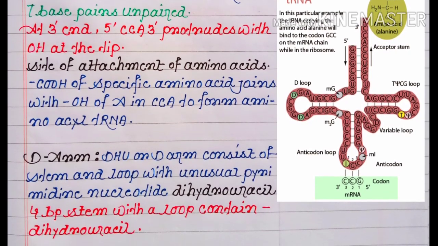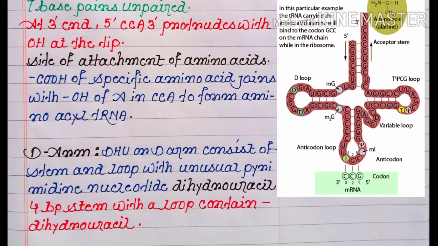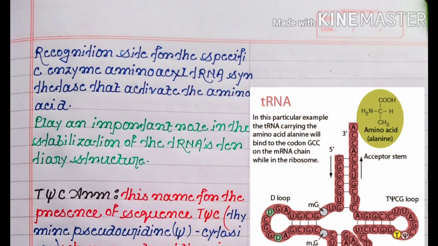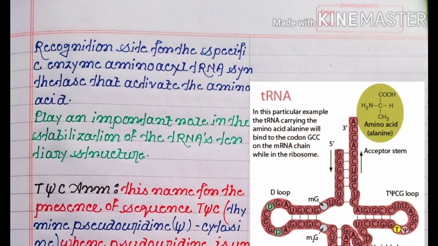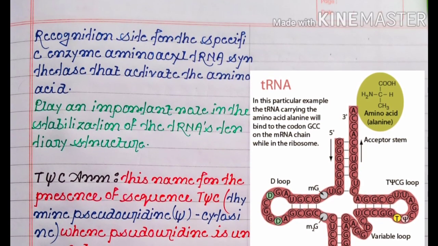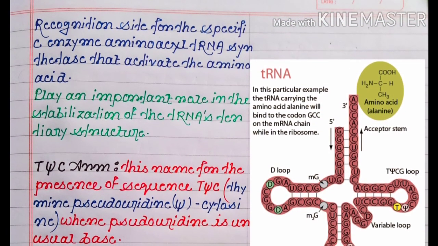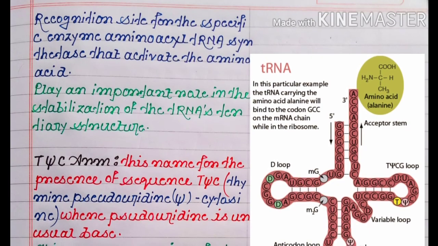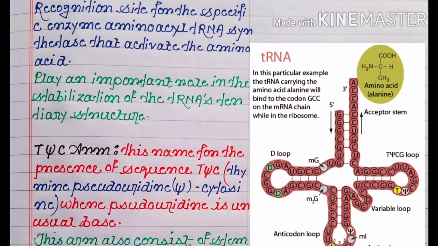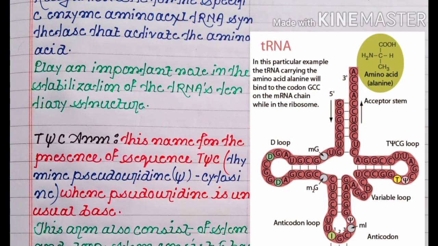It has a 4 base pair stem with a loop containing dihydrouracil. It is the recognition site for the specific enzyme aminoacyl tRNA synthetase that activates the amino acid, and it plays an important role in the stabilization of the tRNA's tertiary structure.